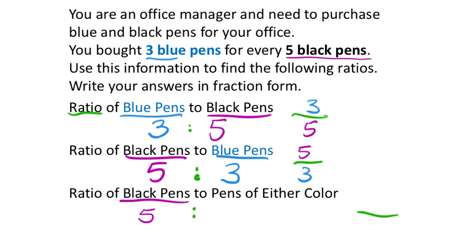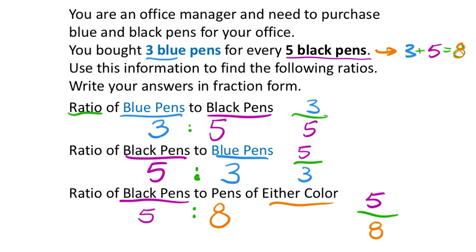So if we're looking at either color here at the top, that means that you would have bought 3 blue pens for 5 black pens that you purchase. I said black, I meant 3 blue pens. So we're going to add those together, and that's both colors right there. That's going to be 8 pens. So I guess I should have put that in orange. So that's a 5-to-8 ratio, which as a fraction is 5/8.